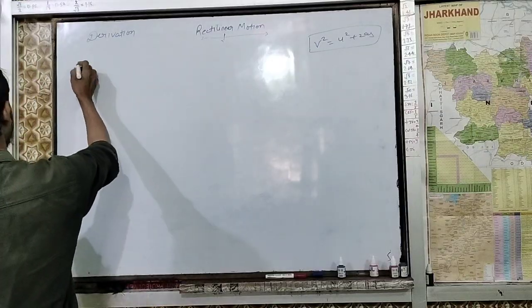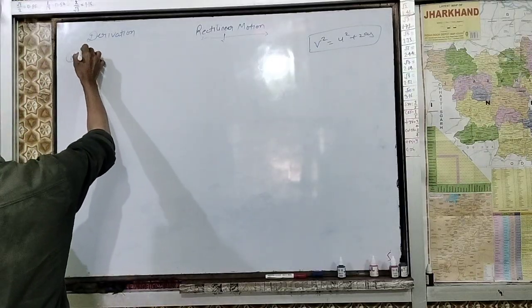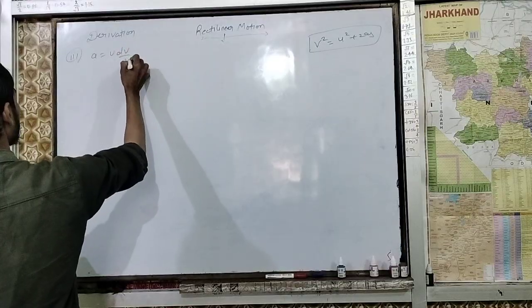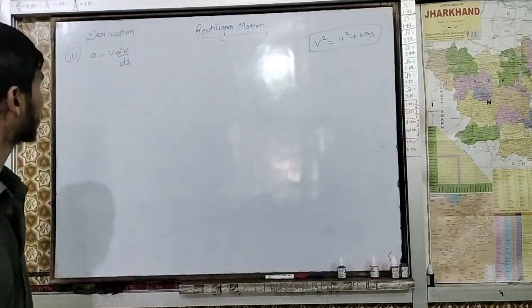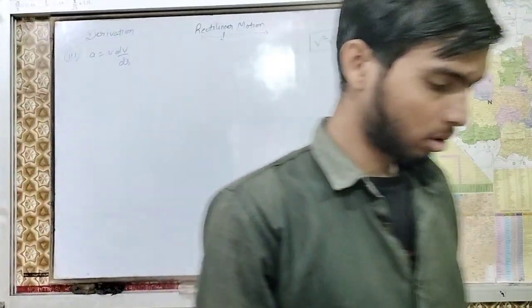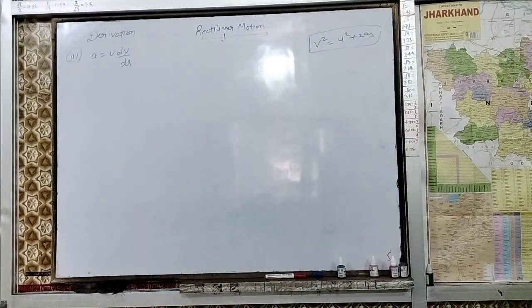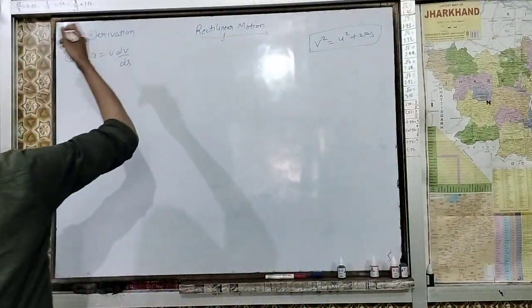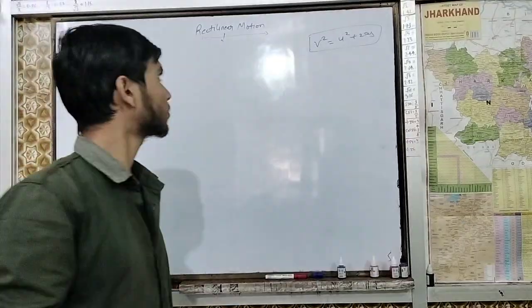So the derivation for the third is going to use a is equal to v into dv upon ds. From this we will get, there is no t, there is no time in this.